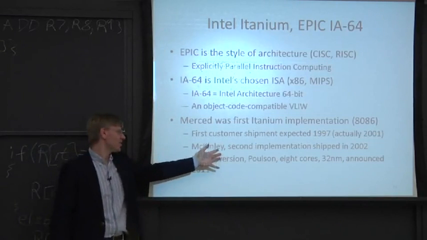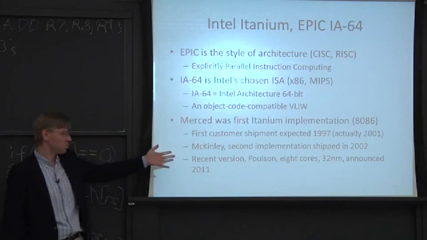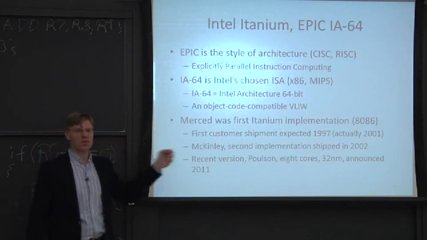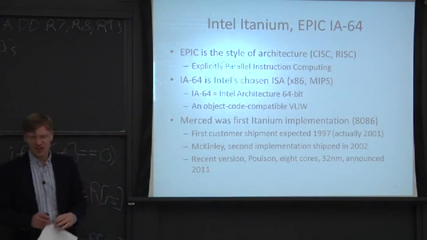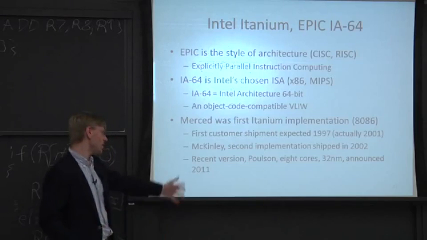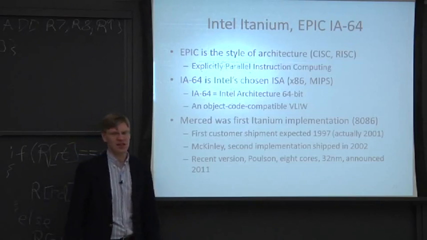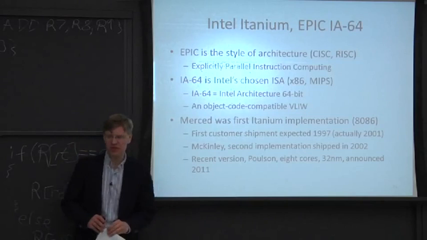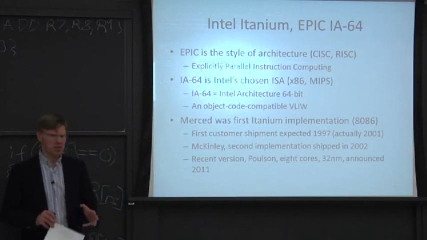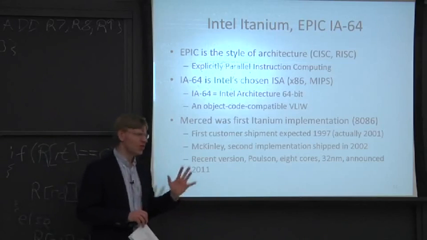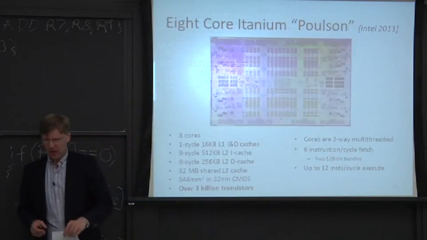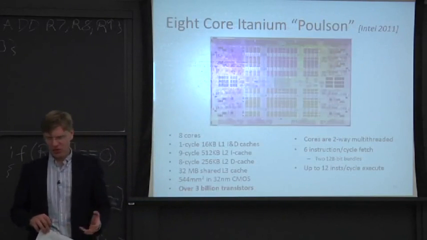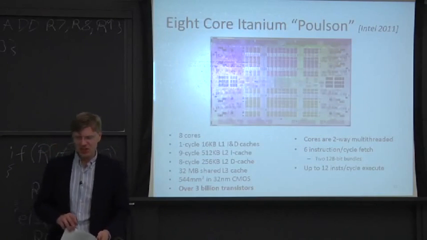A couple other things here. McKinley was the second implementation, shipped pretty quickly after that. This was a much better implementation, but it's still hard to do. But we're still building these things. So in 2011 at ISSCC, Intel introduced the Poulson processor. Big machine here: 8 cores in 32 nanometer. Lots and lots of RAM. 32 megabytes of shared L3 cache.